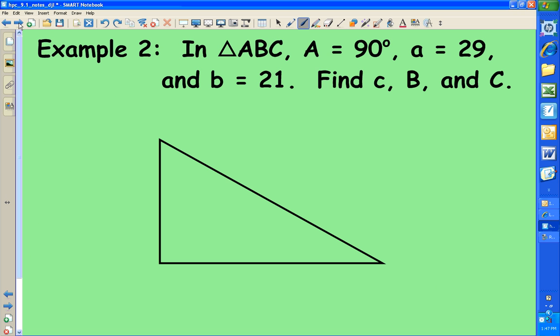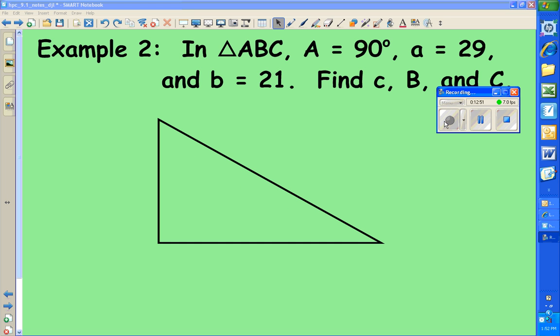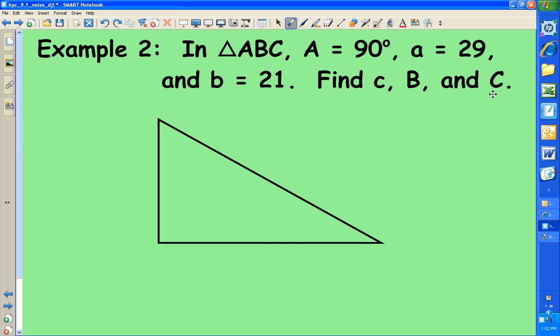Take a look at example 2. See if you can find little c, big B, and big C. First thing we want to do, draw your picture. What angle's here? A. So this is A, right angle. What's angles here? Doesn't really matter.